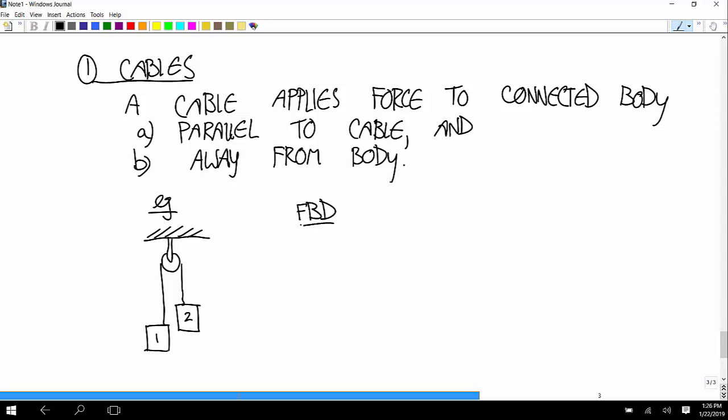A free body diagram of box 1 has the weight down, I'll call that M1G. And the force applied by the cable is parallel to that cable, so up or down, and it's going away from the surface of the body, so it has to be this way.